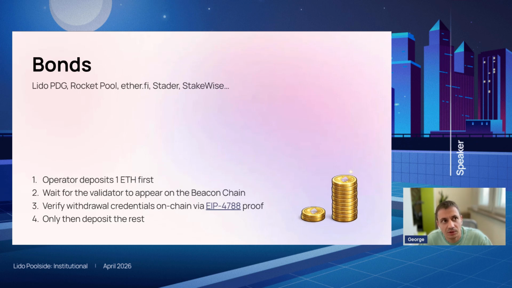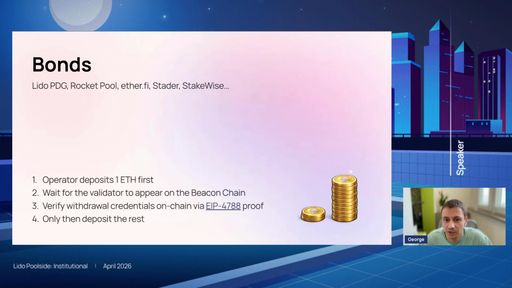First, bonds. The operator deposits a small amount first, usually 1 S, and then the validator goes through the entry queue and appears on the beacon chain. Only then can the protocol verify and change the withdrawal credentials for this validator and deposit the rest.